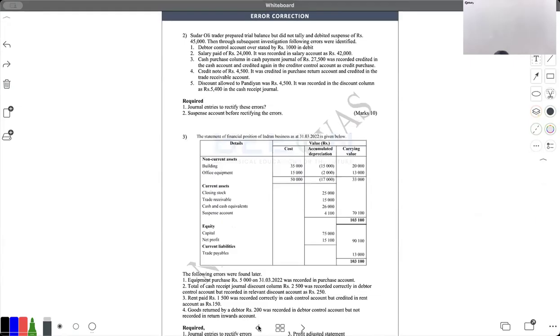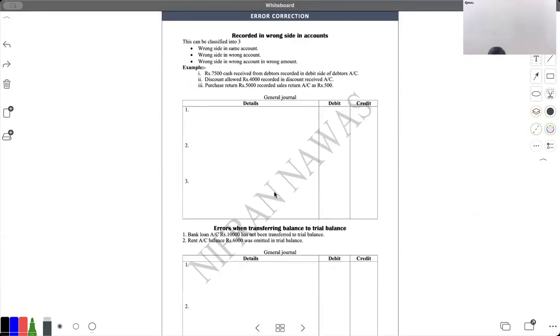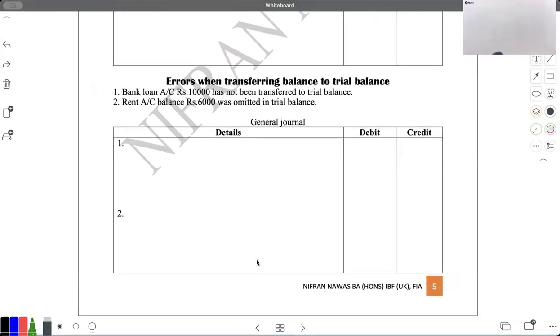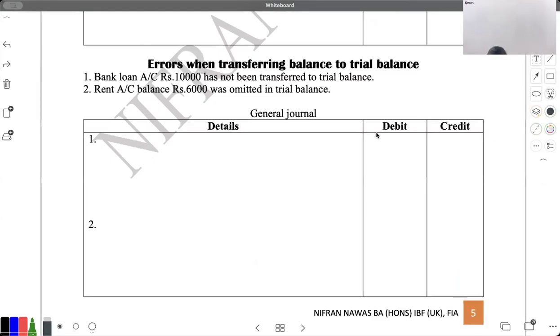Right. So before we embark on the questions, let's get started with this. Did anyone of you give a try to these errors when transferring the balance to the trial balance? If you have done it, just post your answer in the chat box.